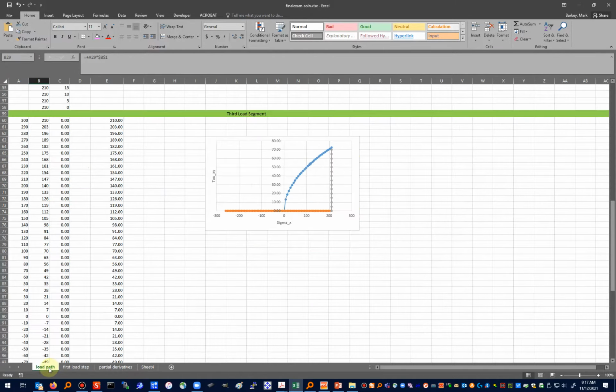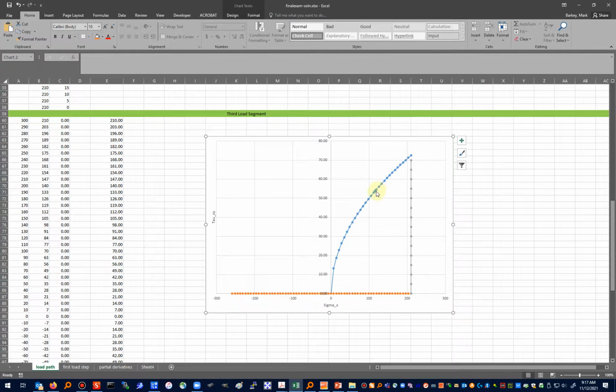So what I'm going to do is I will add more terms to this load path. You see how it's kind of refined near the yield surface intersection point. But I'm going to go ahead and put a few more points in here so that I can get smaller stress increments. Alright, we'll see what happens. We'll pick that up at the start of the next short video.